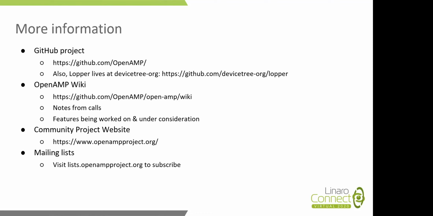Doing that dynamically is sort of the future of that big data sharing model, where one side could dynamically inform the other about a new shared memory area that it could use. Certainly the kernel drivers for RP message and remoteproc do set up an SMMU if that sits in front of the remoteproc. But what if the remoteproc itself has an MMU? How does that get set up? That's kind of under discussion.